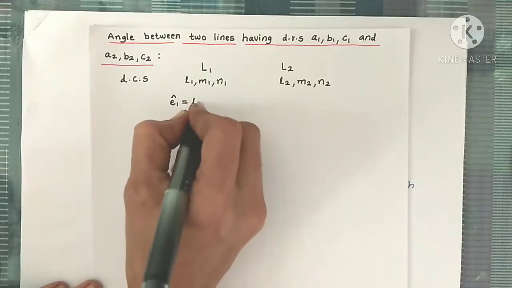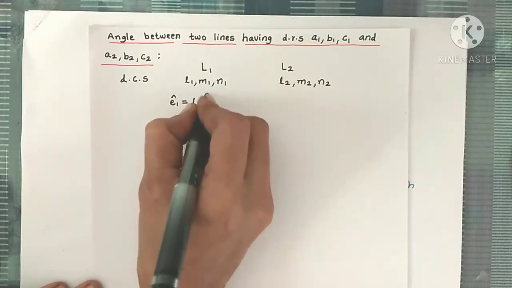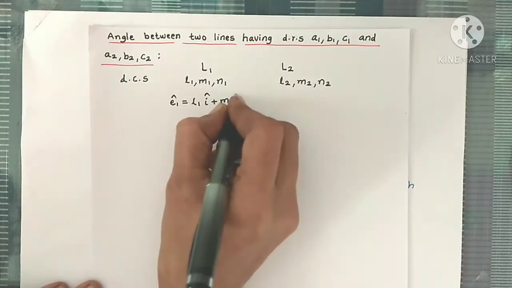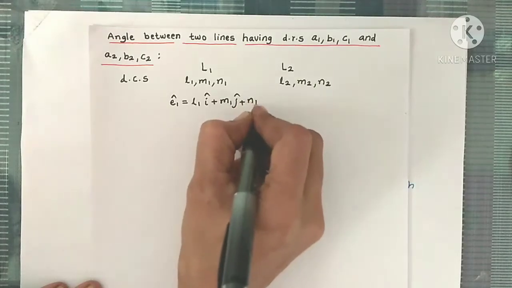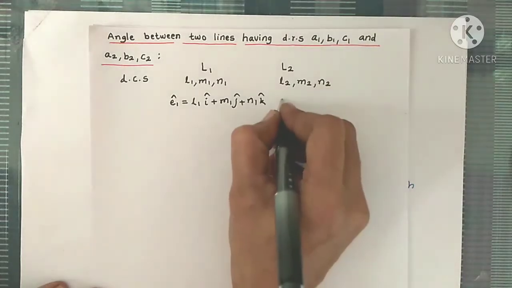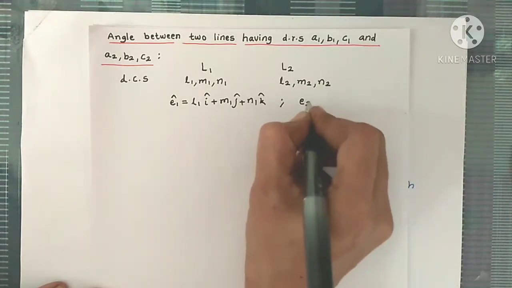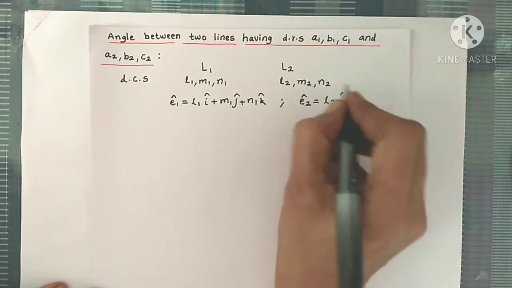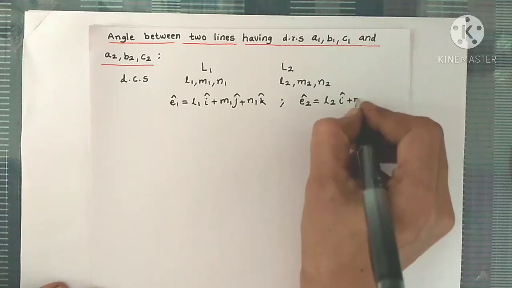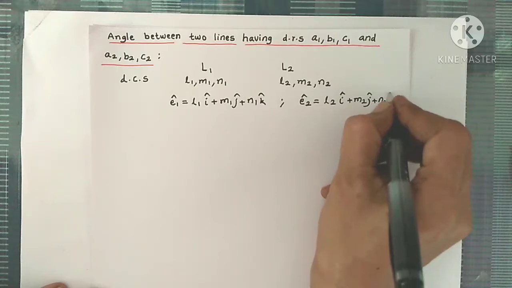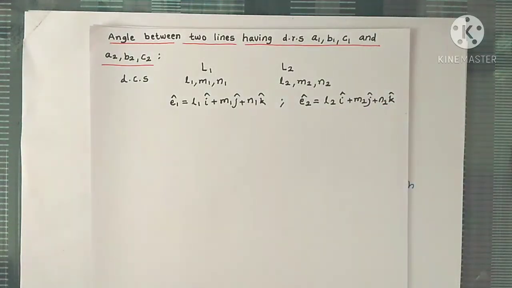So if L1, M1, N1 are direction cosines, then the unit vector along the line is L1 i cap plus M1 j cap plus N1 k cap. This is the unit vector along the first line, and the unit vector along the second line, capital L2, is small l2 i cap plus M2 j cap plus N2 k cap. Now we have two unit vectors along the lines L1 and L2.